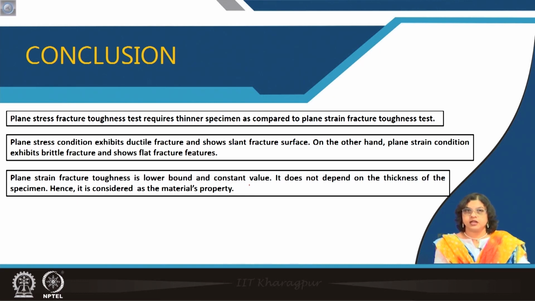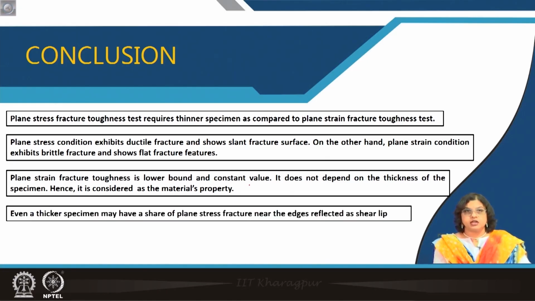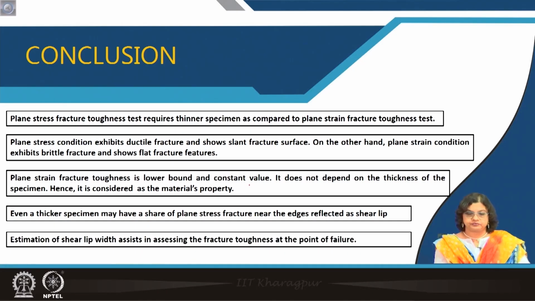Of course, in case of plane strain fracture toughness, the values are lower bound, lower limit values and a constant value, and that is why it is considered the material's property. We have also seen that in a thicker specimen there is still a share of plane stress fracture toughness near the edges or surfaces, whereas in the central part it is mostly the plane strain condition.